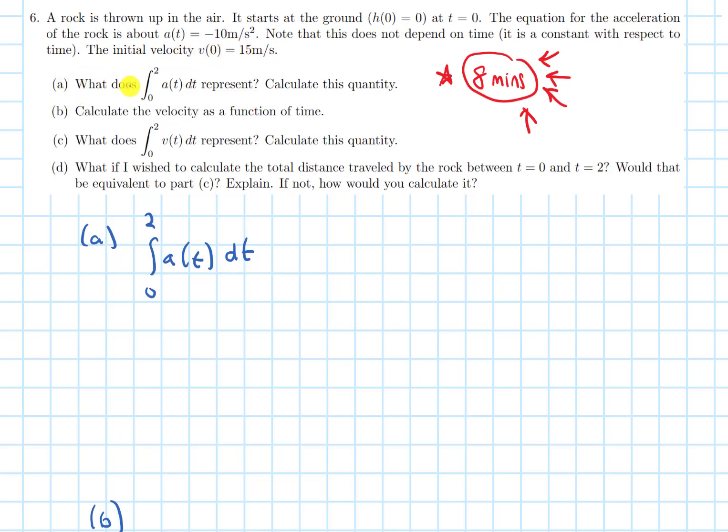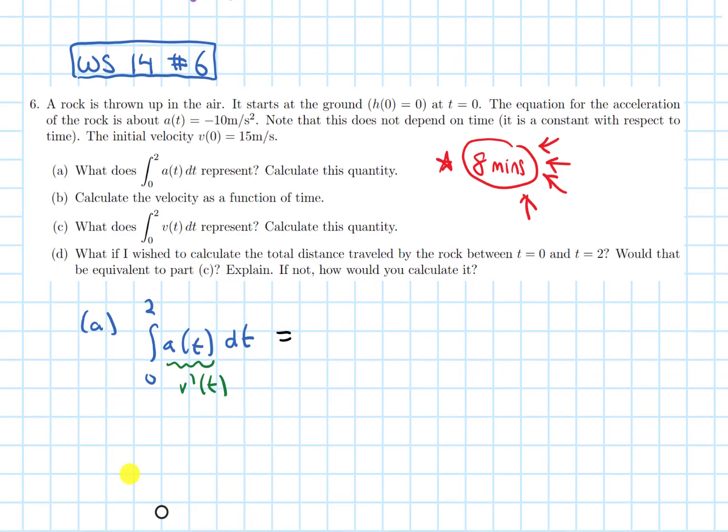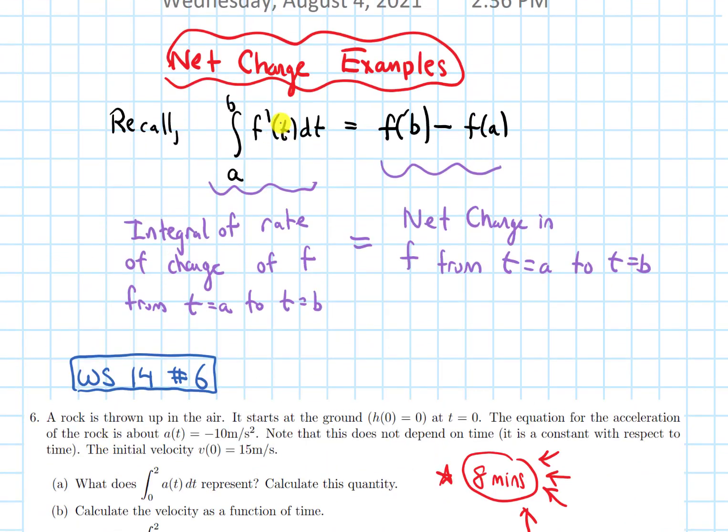Part A asks, what does the integral from 0 to 2 of a of t dt represent? And calculate it. Acceleration is the derivative of velocity. Using the result from above, when you take an integral of a rate of change of some quantity, that should represent the net change in that quantity.